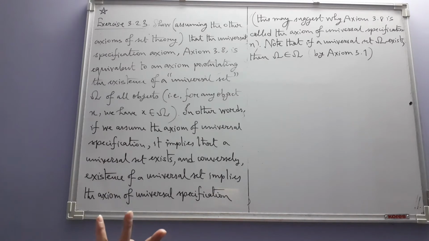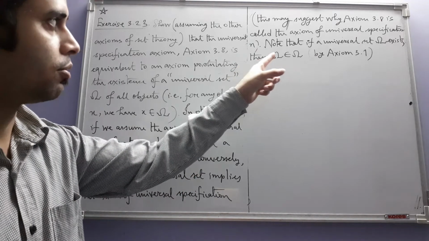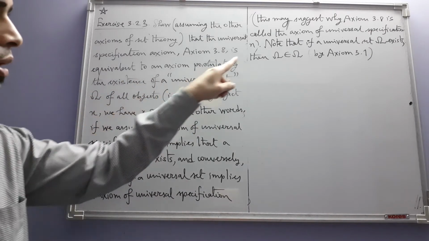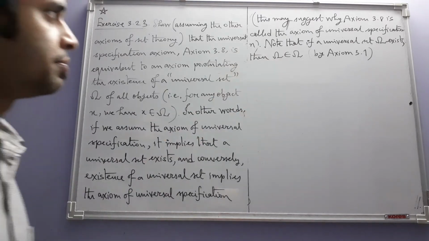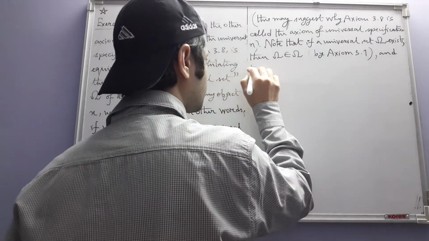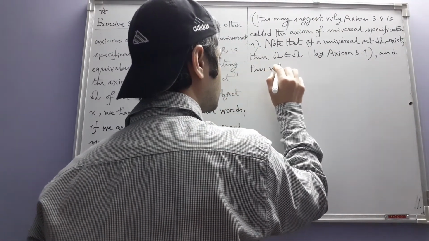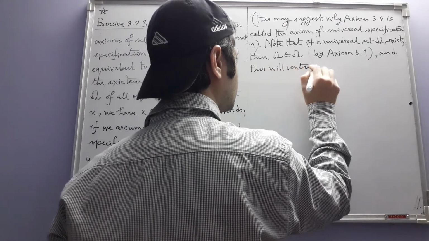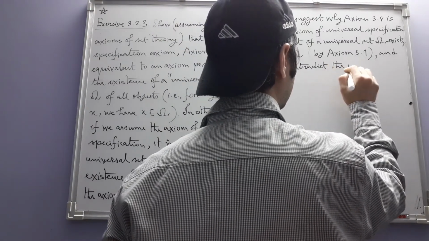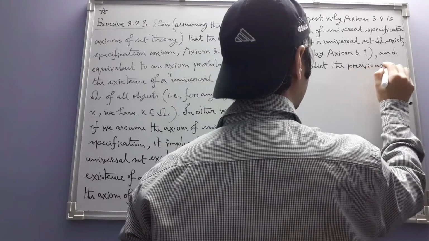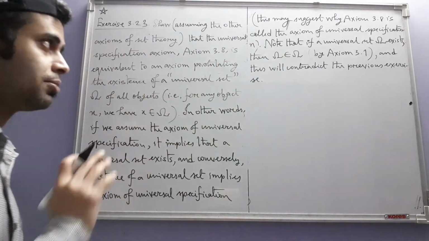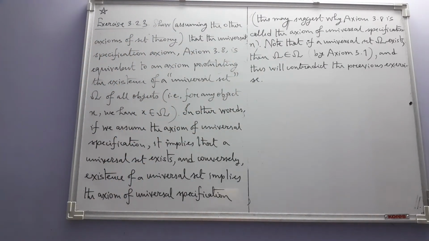So that means omega is an object, and since by definition omega is the set of all objects, in particular omega will contain itself, and this will contradict the previous exercise. Why? Because in the previous exercise we have already proved that no set contains itself as an element.